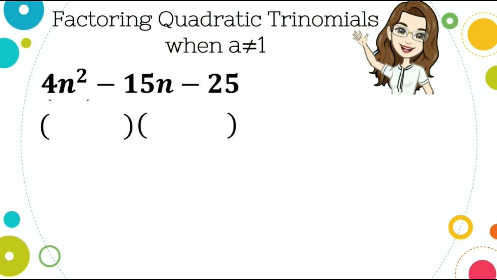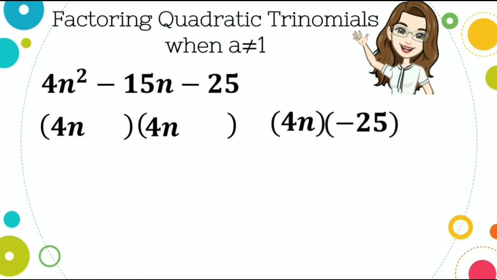First, copy the first term without the square on both quantity. Then, multiply the coefficient or numbers of first and last term, included the sign. Their product is negative 100.